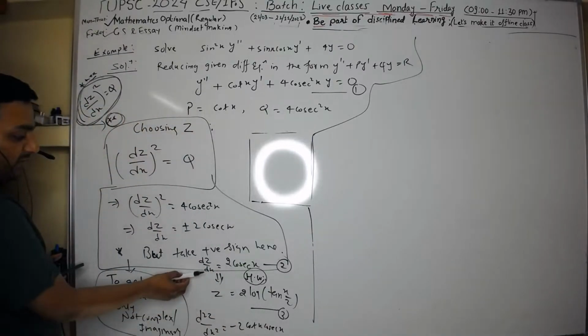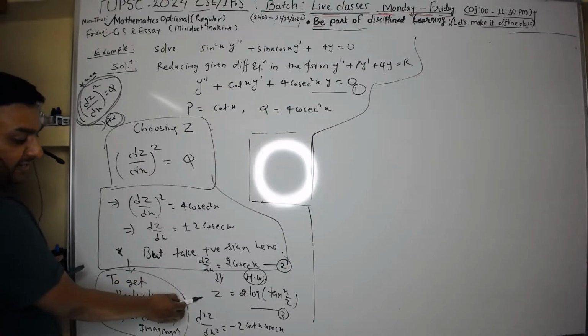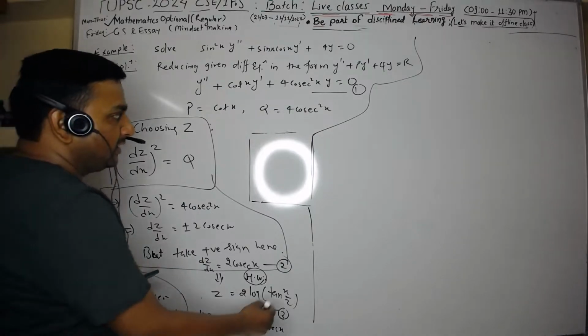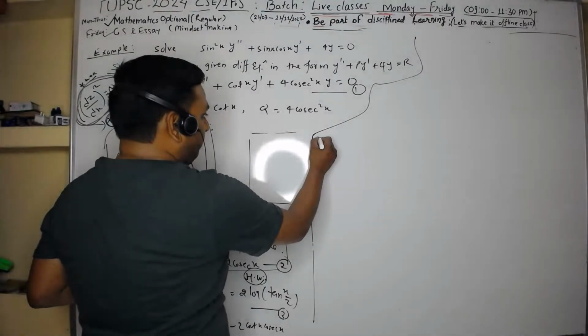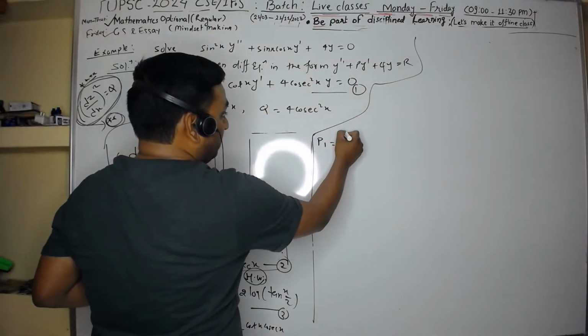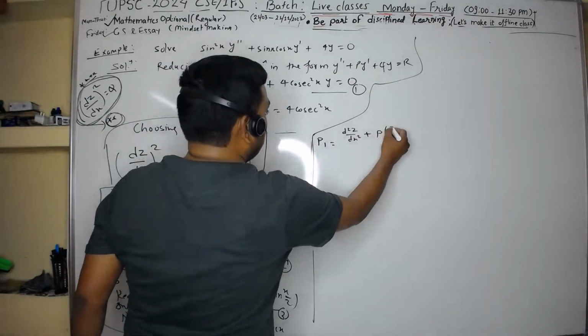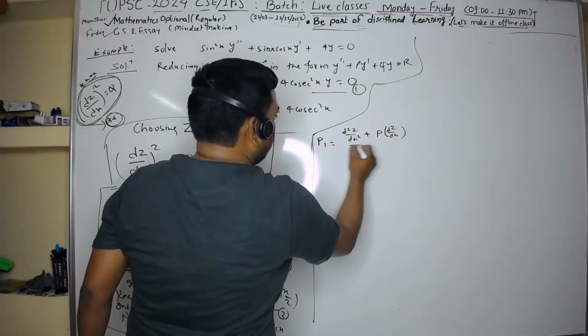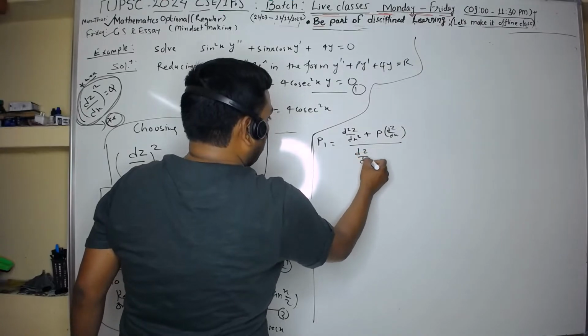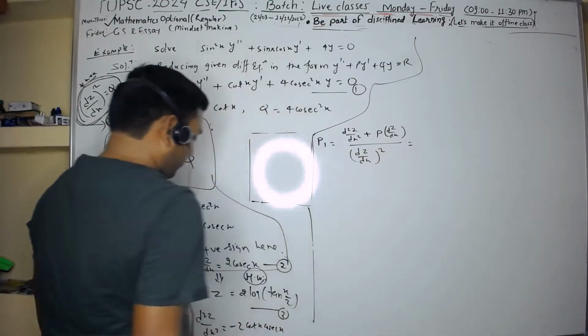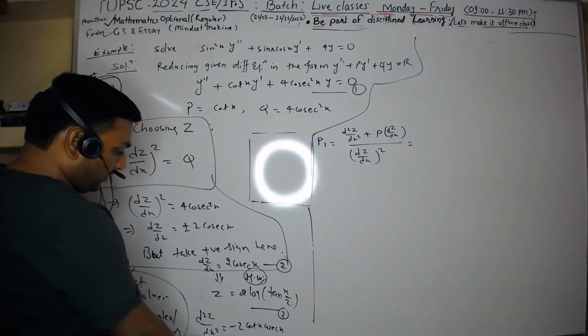So once you are done with dz over dx, z and d2z over dx square, now we will move on to finding P1. P1 is what? d2z over dx square plus P into dz over dx, upon dz over dx whole square. So what is d2z over dx square?